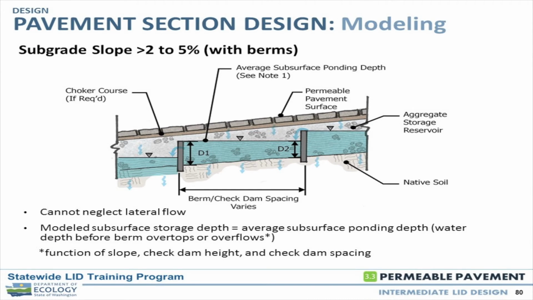And so depending on how our model goes, if we wanted to be fully infiltrated, then what we would look at is the frequency of those check dams and the slope and the depth of our reservoir, and we would optimize those characteristics to come up with the right depth of gravel trench to achieve full infiltration, and then we can remove that area from the model.